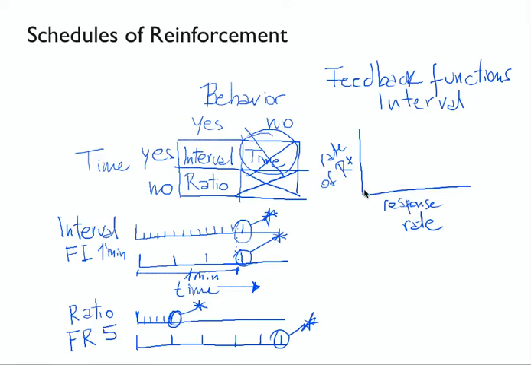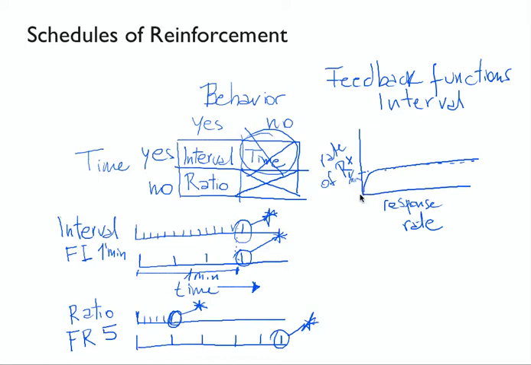As you can imagine, in the case of the interval schedule, if this is once per minute, that's as fast as you can get. In fact, it only takes a little bit of responding to reach that asymptote. But regardless of how fast you respond, rate of reinforcement is topped at once per minute, or whatever the schedule may be.